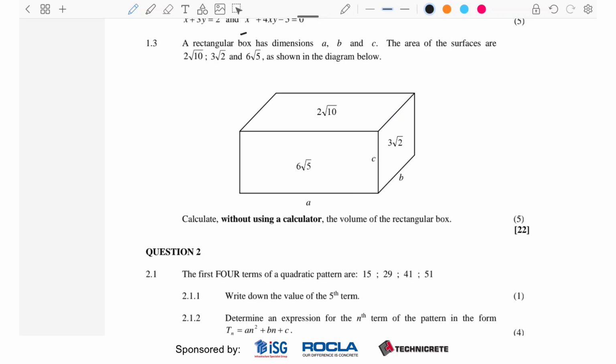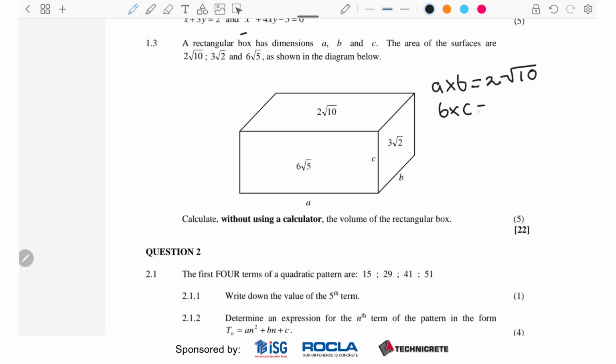So let's write this out in ways we understand. They gave us the areas of the surfaces. So A times B is 2 square root 10.